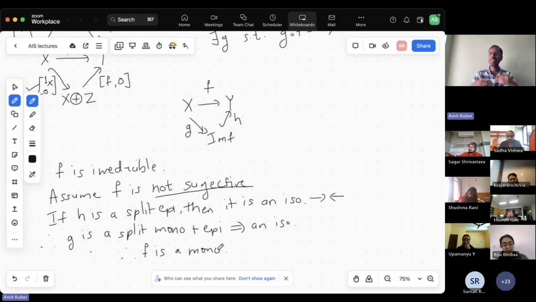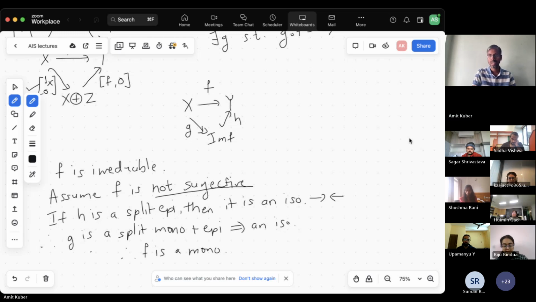So we assumed it is not an epi and we proved it is a mono. So either it is an epimorphism or a monomorphism. So our search for these nice morphisms, irreducible morphisms, is actually very simple. Any questions?